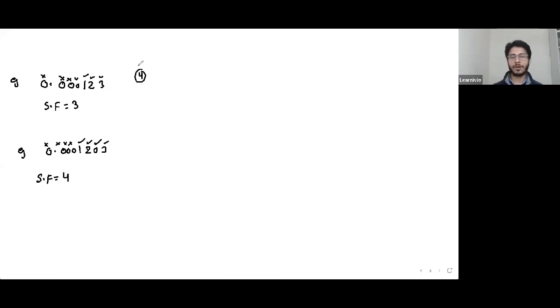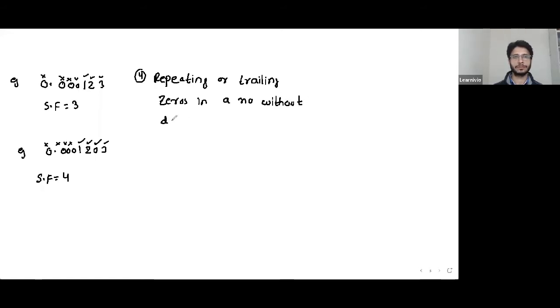The next rule: if you have a number in scientific notation or not, trailing zeros in a number without a decimal are not significant.